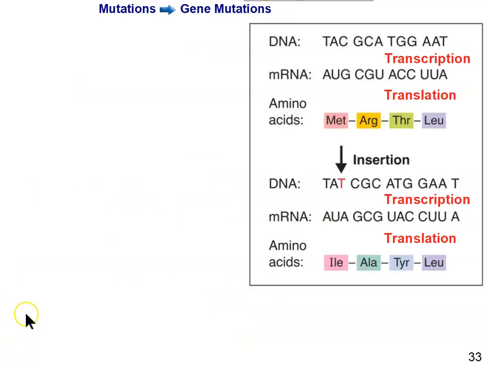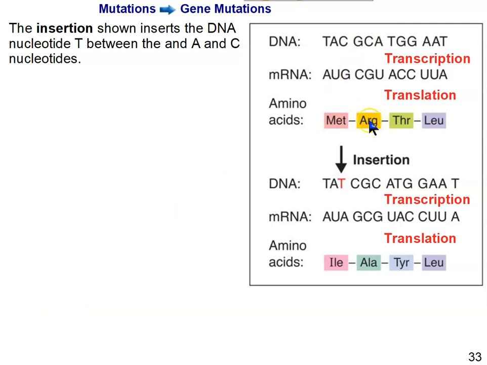Another kind of point mutation is insertion, and that's what we're looking at in this scenario. In this case, there's an insertion of a T between the A and the C. So here's our original nucleotide sequence in the DNA.